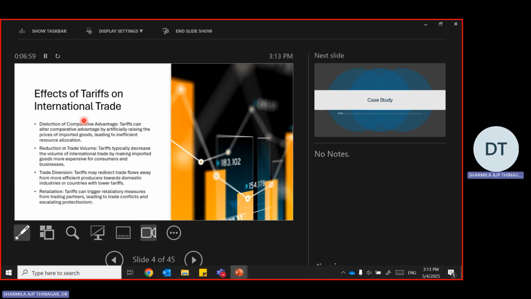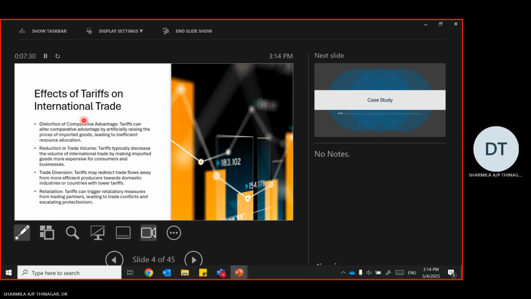Even like 2 days ago, when the US imposed another 50% extra. There is a risk of retaliation, right? So it will distort the market. Okay. So this is one of the famous case studies that I can give for your section B. I already told you guys, so you have to read more on this.